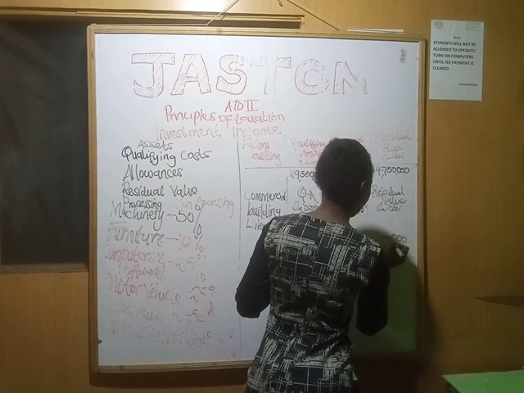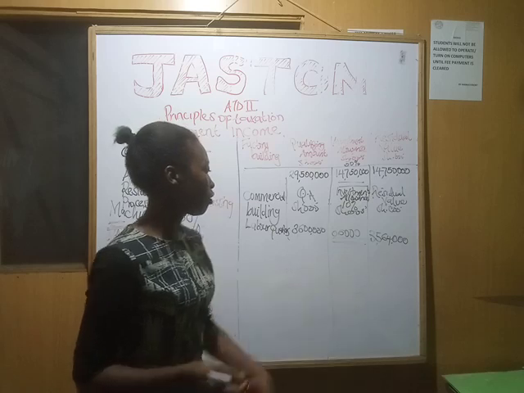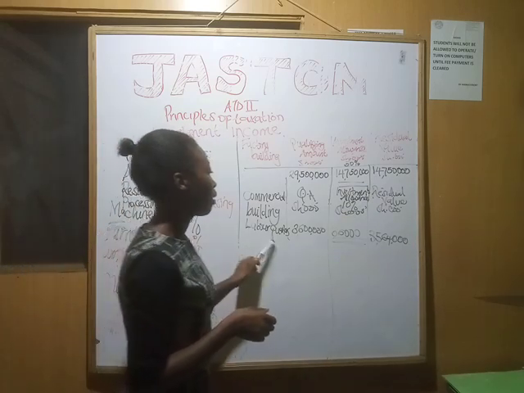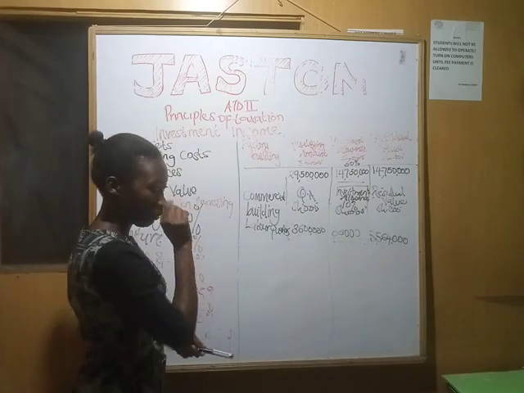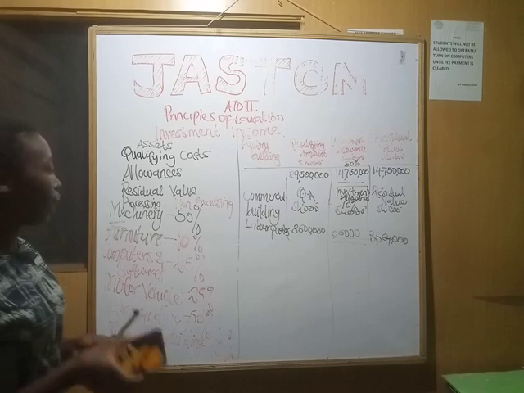This is our residual value. So for the labor quarters, the investment allowance is 36,000. We head on to our next asset.